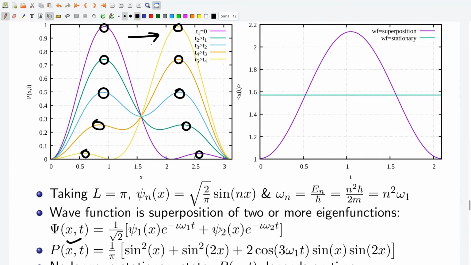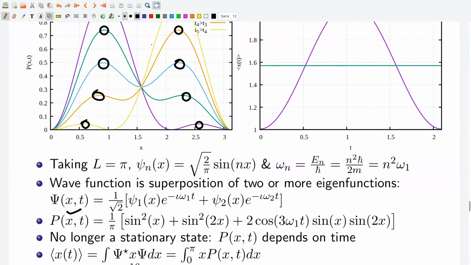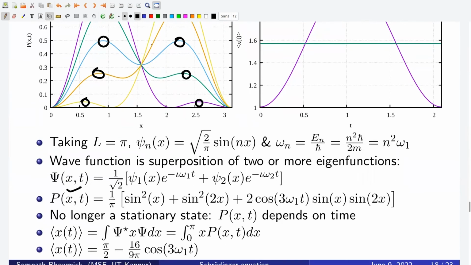Now you can calculate the position expectation value using this formula, and then you will find that even the position expectation value also depends on time, and if you calculate the integral, this is what you get.